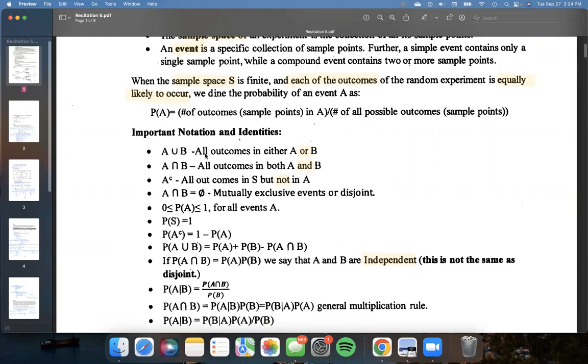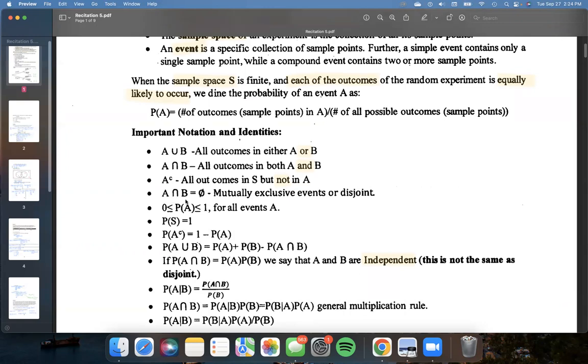For union, think or. A complement is all outcomes in S, but not in A. And remember, S is our sample space. So A complement is all the outcomes in our sample space, but not in A.